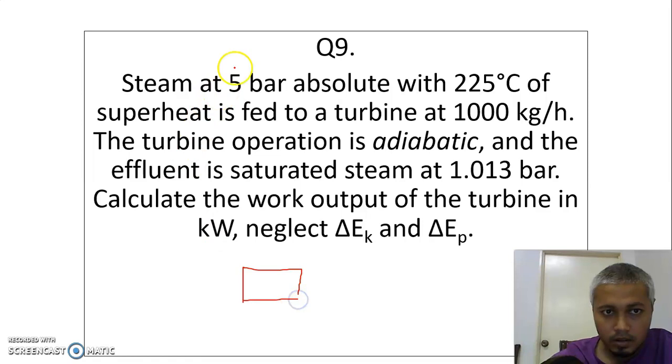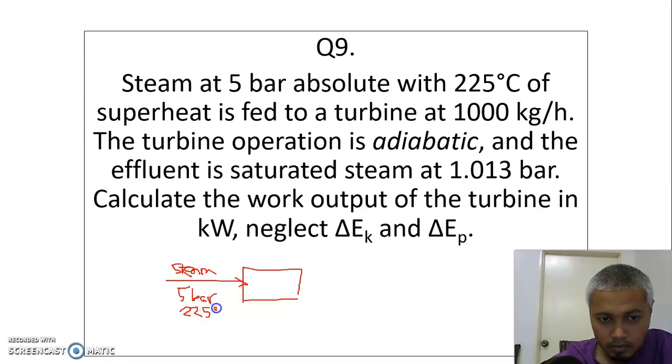So steam at 5 bar, and 2 to 5 degrees C. And then the mass flow rate M1 is 1000 kg per hour.